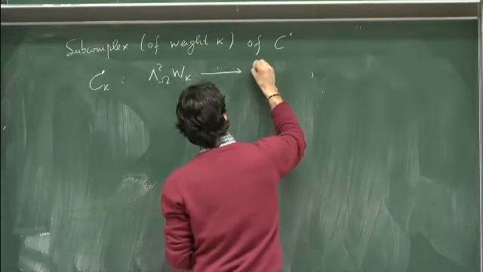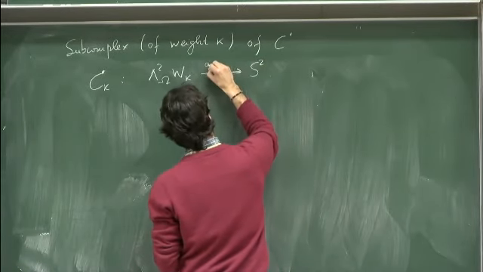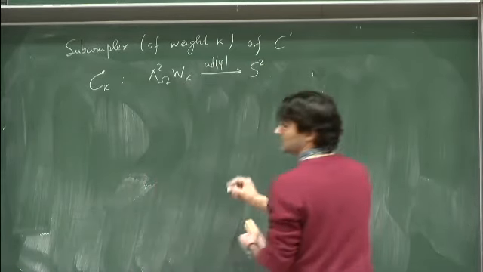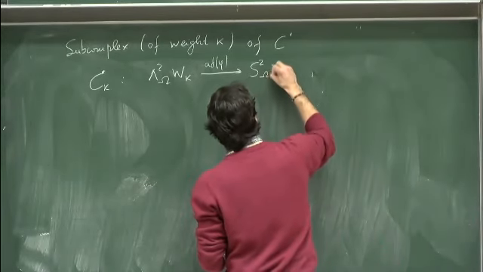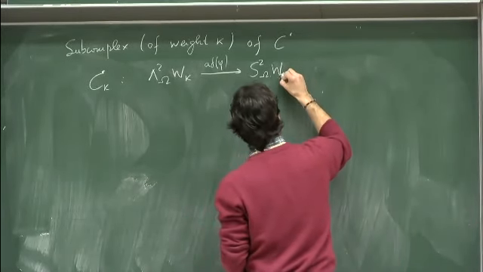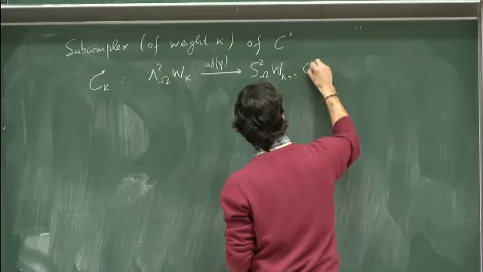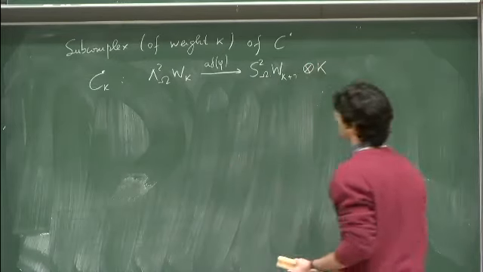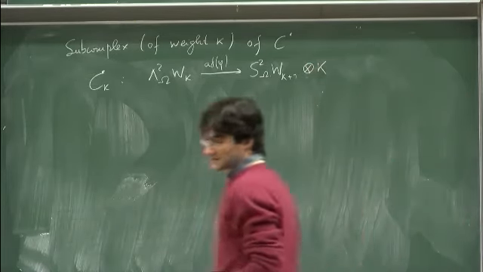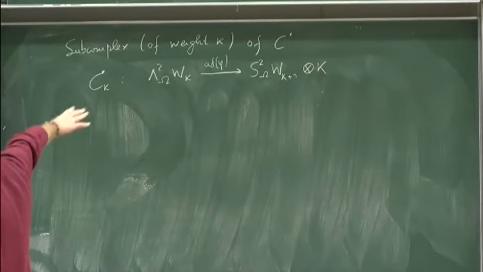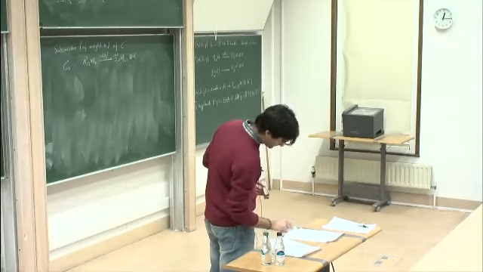And now the adjoint action of the Higgs field phi has weight 1, and so this goes to S2 W k plus 1. So this is a subcomplex of that one. And recall that we are always, in this case, on the smooth locus.